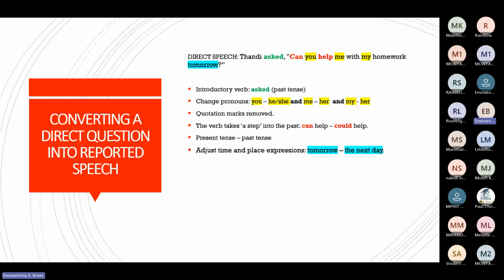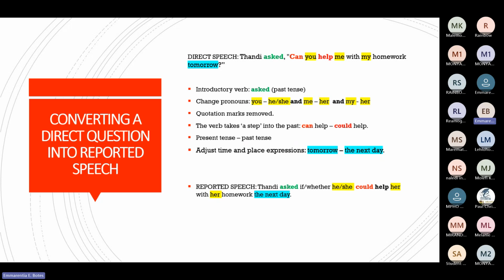Then we also adjust time and place expressions. So tomorrow will become the next day. When we report, we say, Tandy asked if or whether he or she could help her with her homework the next day.